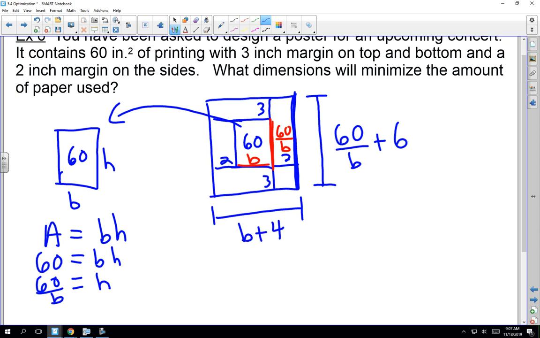The worst part of this problem, they have a couple like this within the problem set. But there's our area. We can get our area that we're going to minimize. Area equals b plus 4 times 60 over b plus 6.